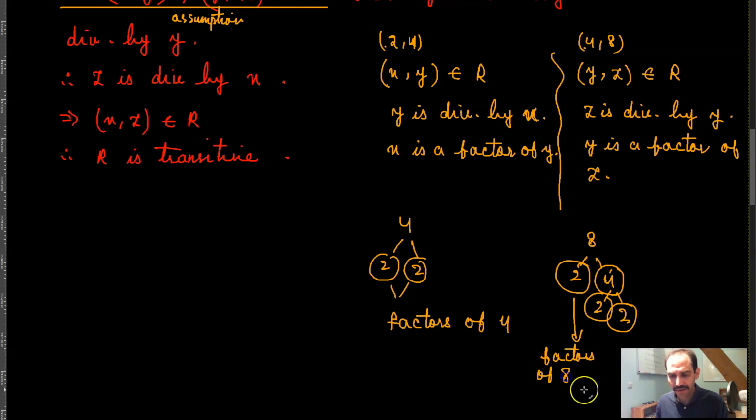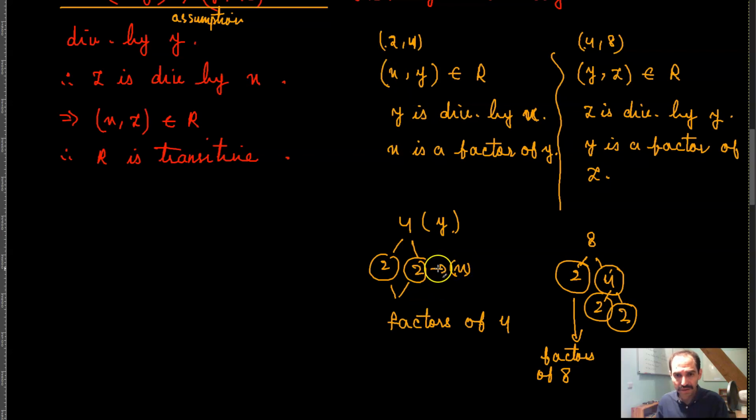are called factors of 8, right? Since these are factors of 8, you can see that 4 is a factor of 8. So I can refer to 4 as y, and I can refer to 2 as x.